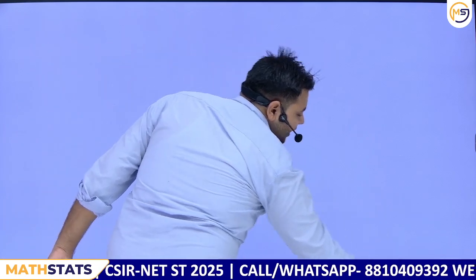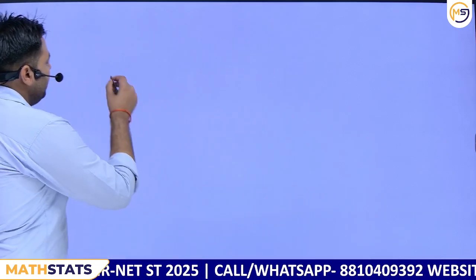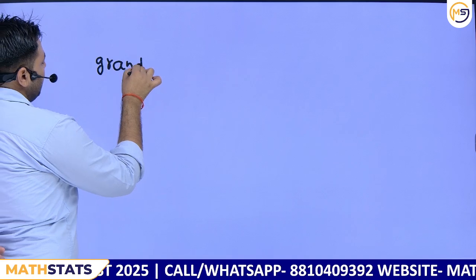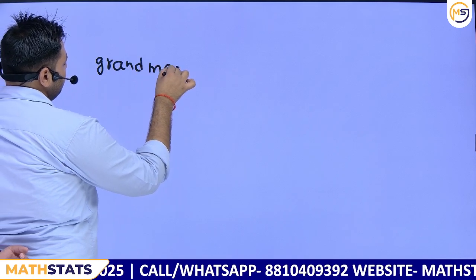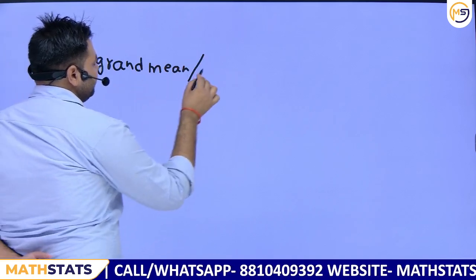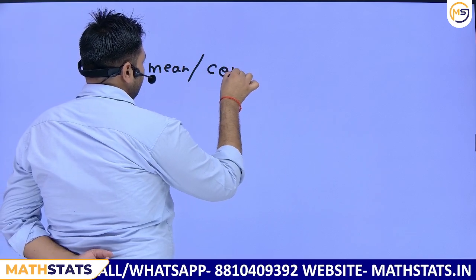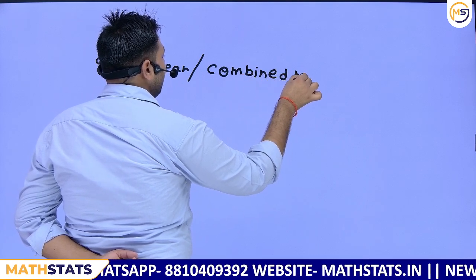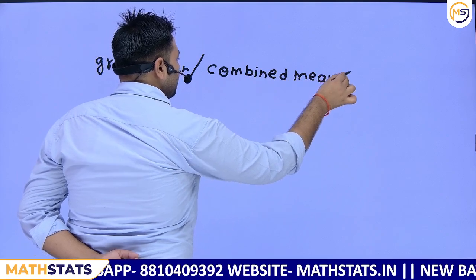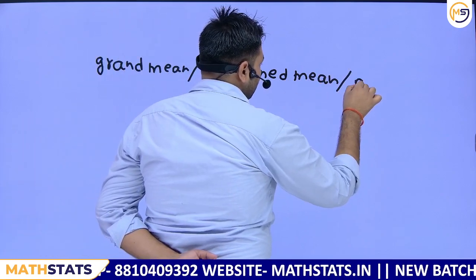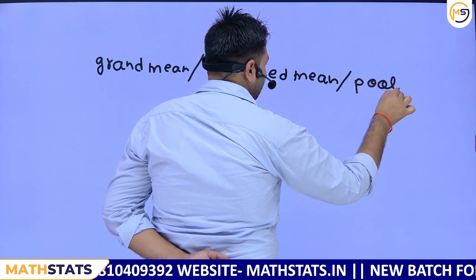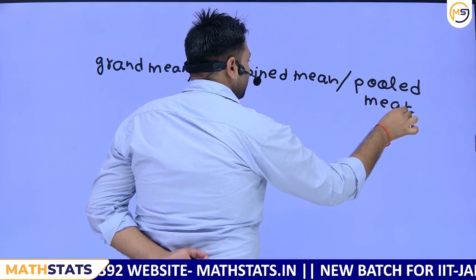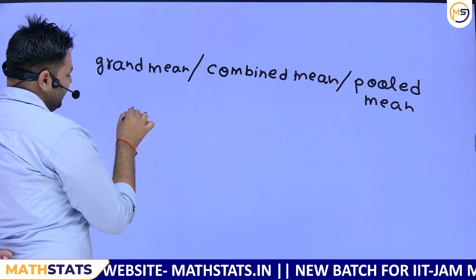So the combined mean, or pooled mean, or grand mean, is denoted by x bar.